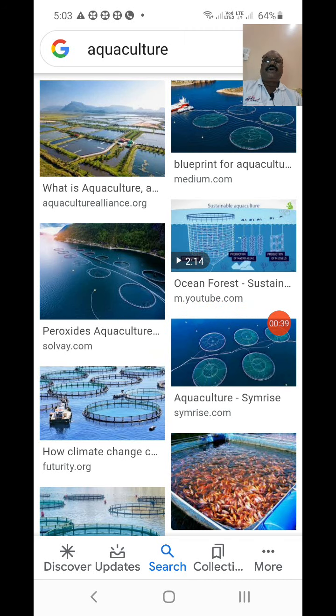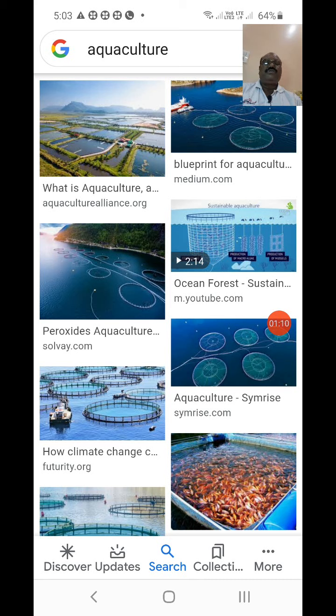In the second picture also, you can see some ponds are constructed in the water for rearing the fish. Now here we have to collect the seeds of the fish, then they hatch out, the fries are there, they grow in small ponds, then after rearing in one pond, that is a nursery pond, they grow again, then it is transferred to a rearing pond, and from the rearing pond to stocking ponds.